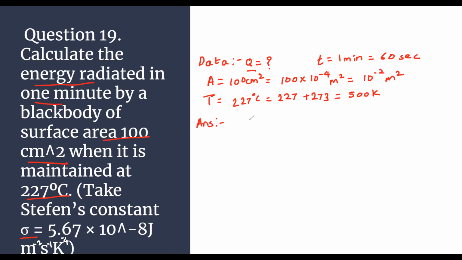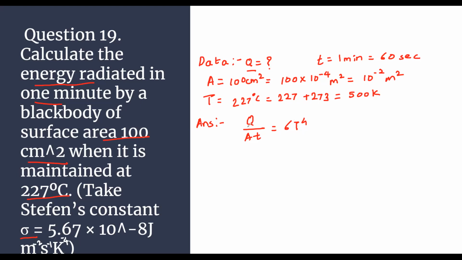Now we know one formula, that is Q upon A T is equal to sigma T raised to 4, where Q is energy radiated, A is surface area, T is time, sigma is Stefan's constant, and capital T is temperature.